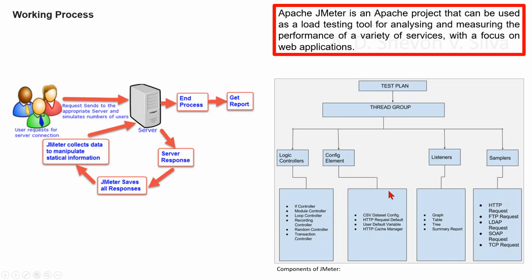Config element interacts with the CSV data set config, HTTP request defaults, user defined variables, and HTTP cache manager. Listeners interact with graph, table, tree, and summary report. Samplers interact with HTTP request, FTP request, LDAP request, SOAP request, and TCP request.